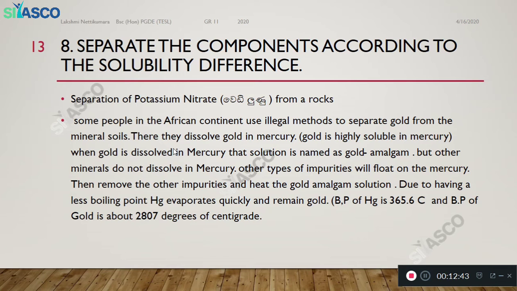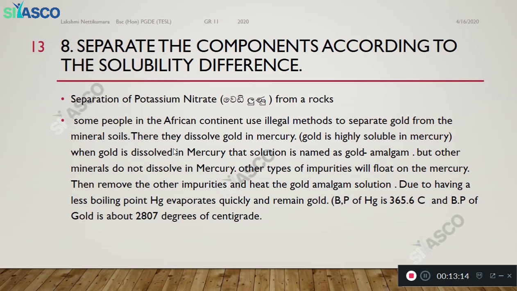One such method is separation of potassium nitrate from a special rock. Later on it was found that this special rock was in the Mimure area. But the thing is that this rock contains very little potassium nitrate. But our ancestors were able to separate this potassium nitrate from this rock and produce gunpowder.